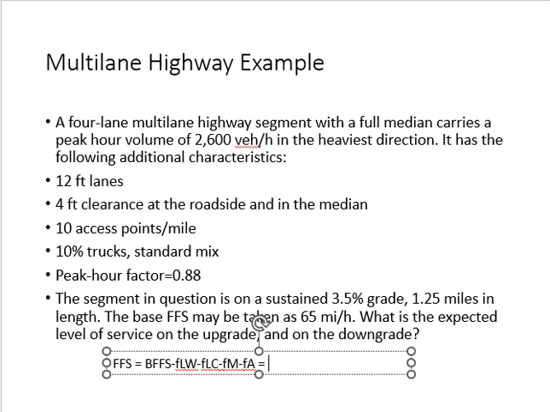What did they give me which I can put? The first factor I need in this equation is base free flow speed, right? This is the first thing I need, which is how much? 65.